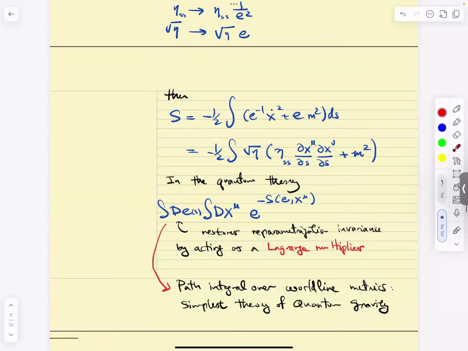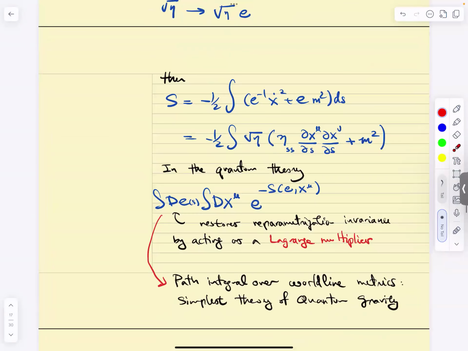Good. So in the quantum theory, you're path integrating over all these metrics, all these effective reparameterizations. And in effect, it's a Lagrange multiplier. Basically it gives you back the old relativistic theory that you know. All right, good.